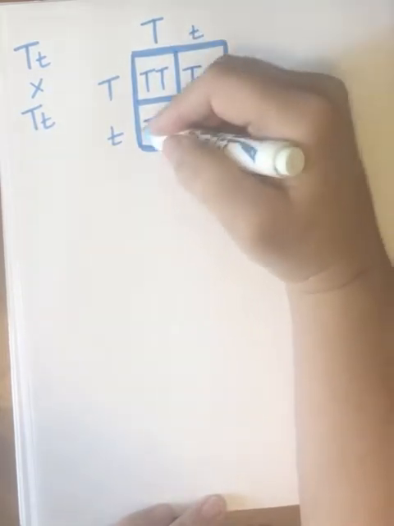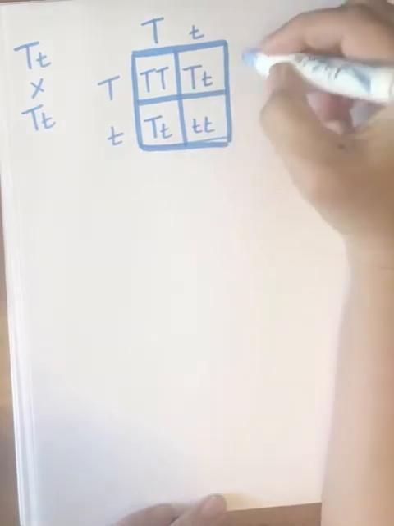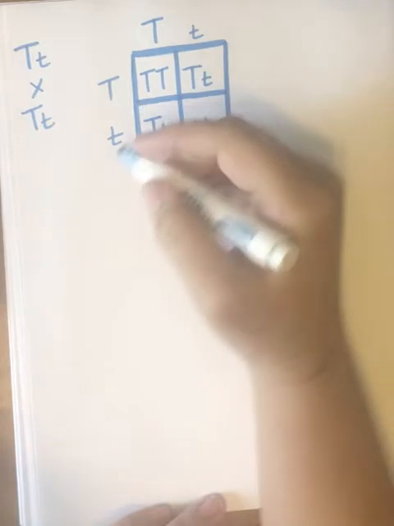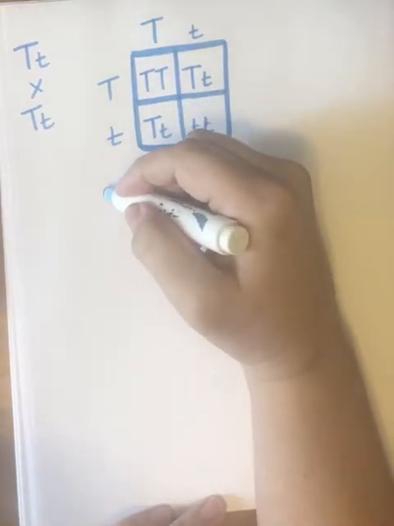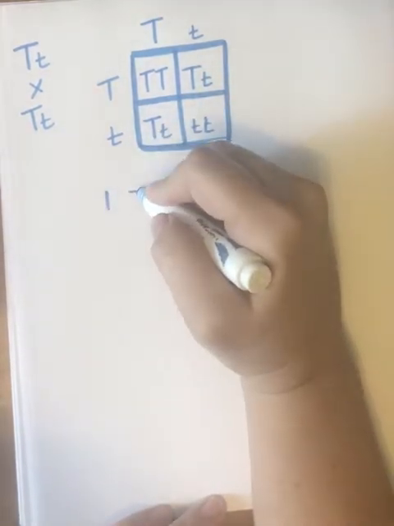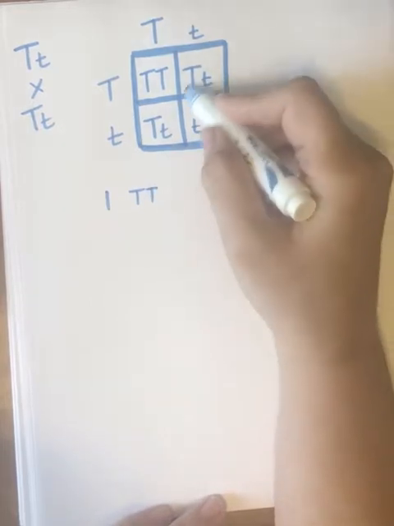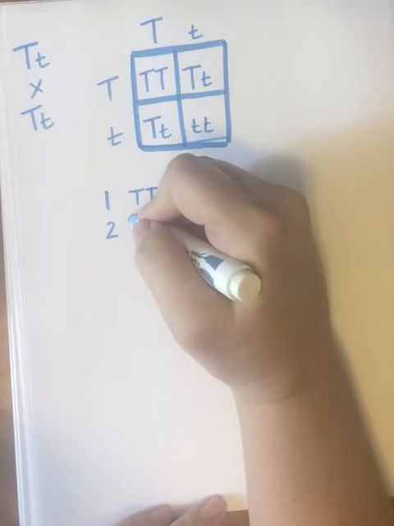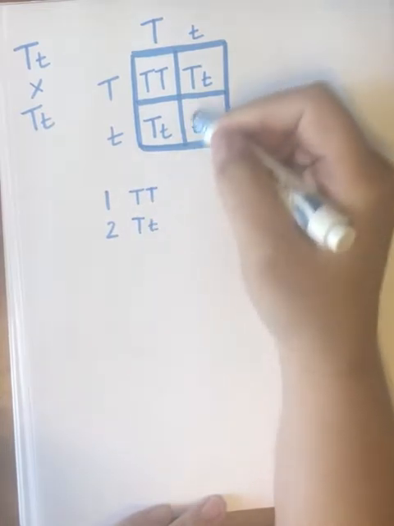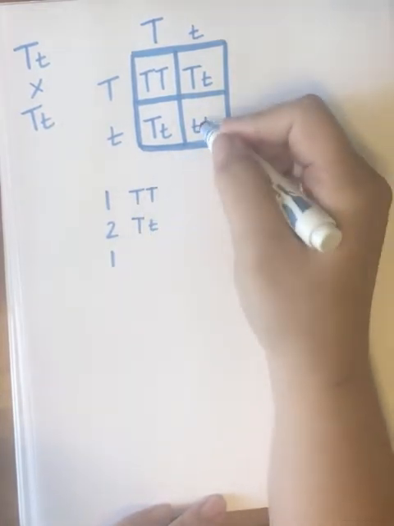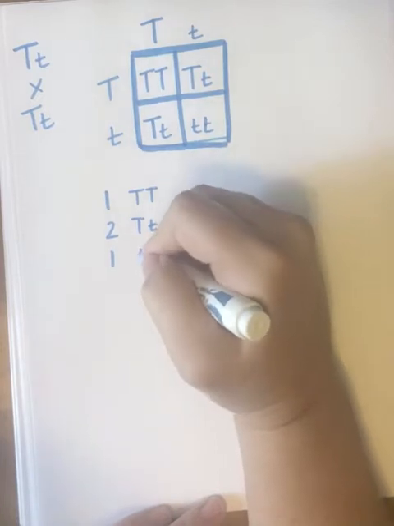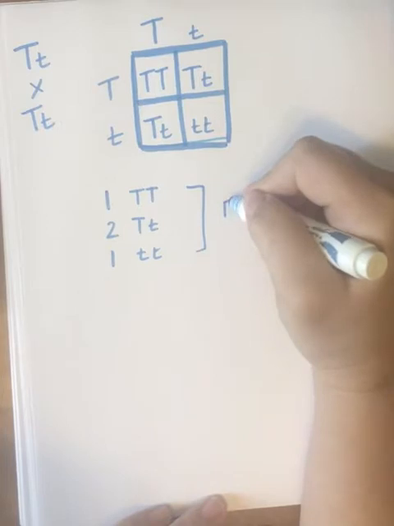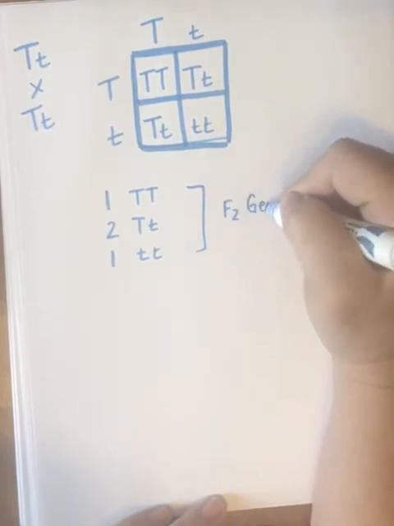Little t and little t. So these are representing the F2 generation. So you have one F2 plant that has a big T, big T. You have two of your F2 generation that have a big T, little t, and one of your F2 generation, which is little t, little t. This represents your F2 generation.